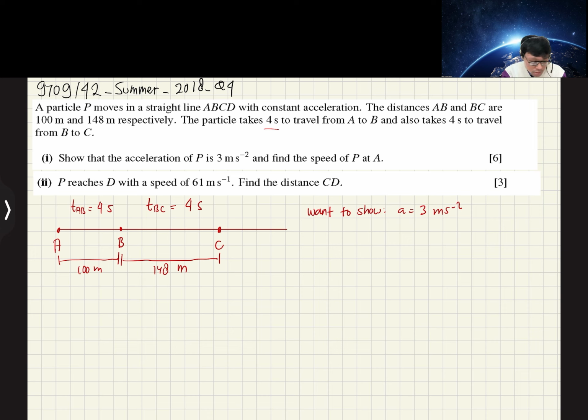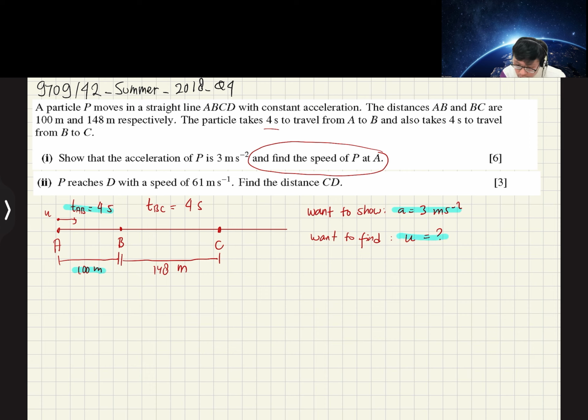We know the time, we know the distance, and we want to show the acceleration, and also we want to find the speed of P at A, which is basically the initial speed of the object, which is U. So we want to find U.